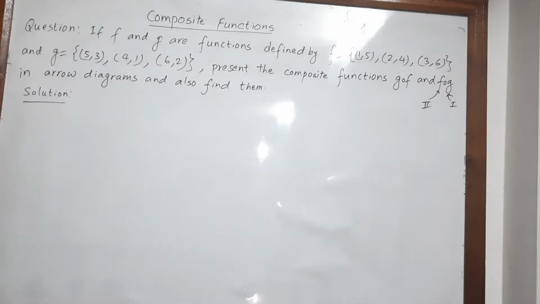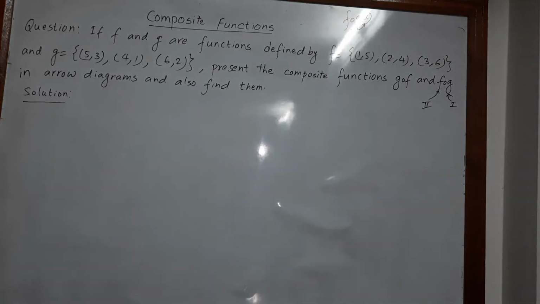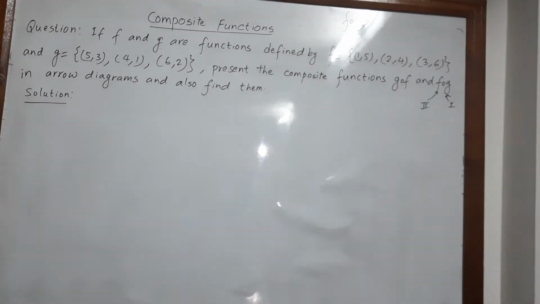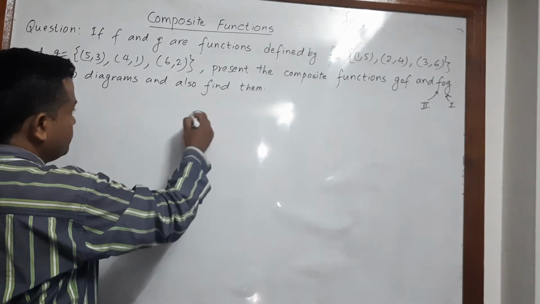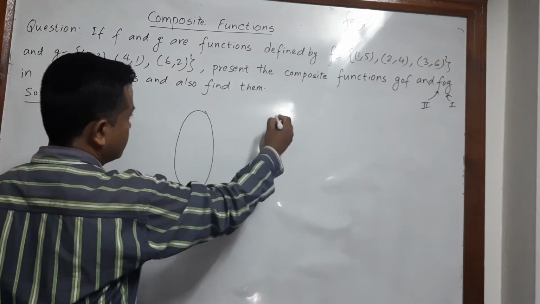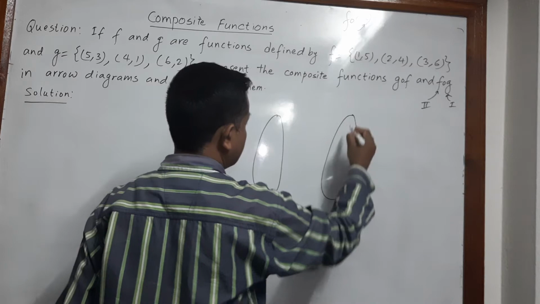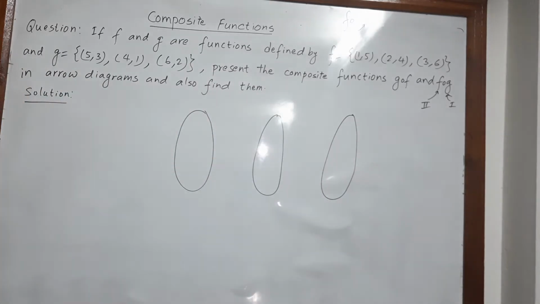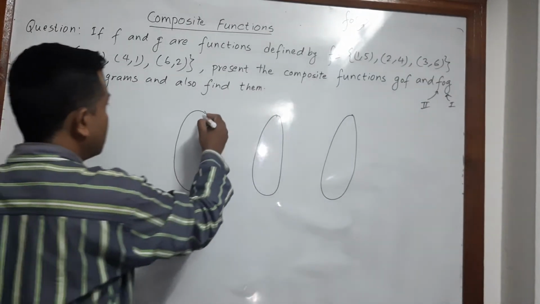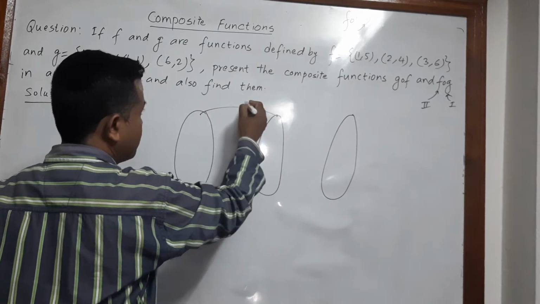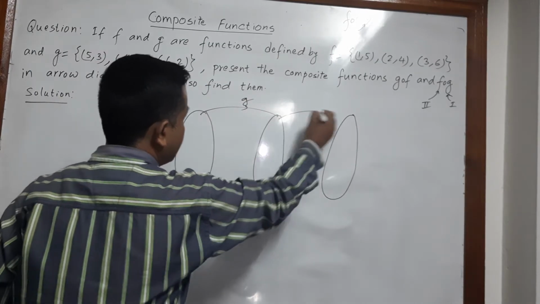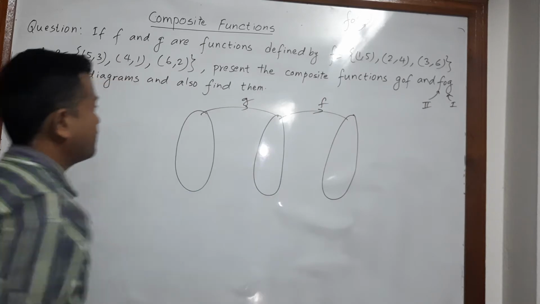So for this also let's represent this in an arrow diagram. Here first of all we write function g and then we write function f.